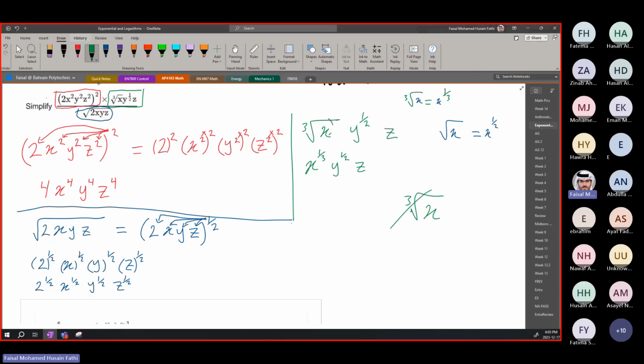I want to remove the cube and make it into this form. That's all I am doing. For green and blue, I did the exact same thing here. That's all I did. I wanted to remove in blue the square root over all of the variables here. I wanted to remove this and just make all of the variables to the power of half. That's it. And then I just distributed this inside, like I did in red.